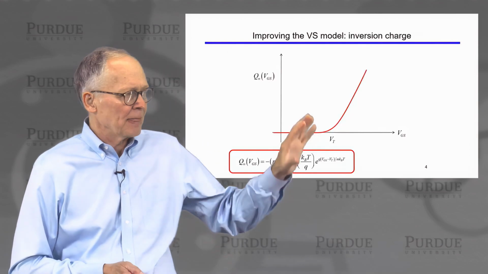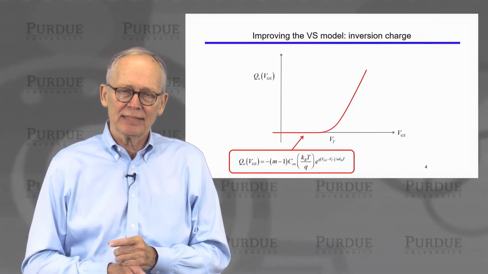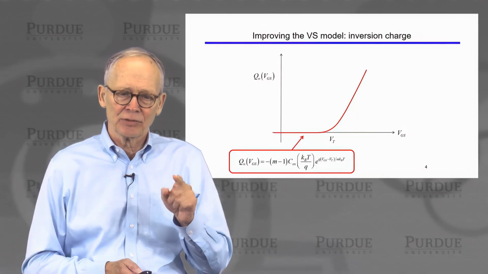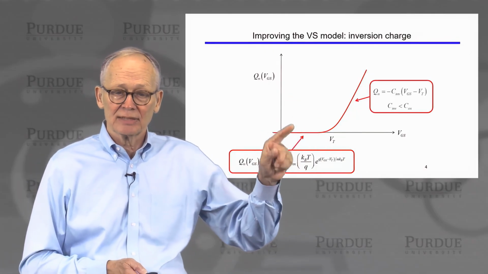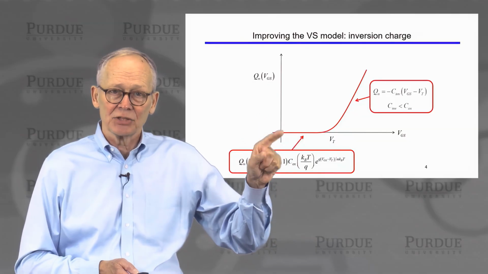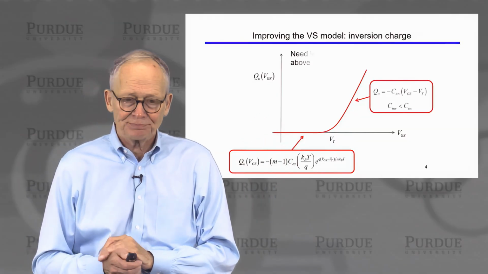So you'll recall that below threshold, the mobile charge goes exponentially as e to the q (Vg minus Vt) over mkT. Above threshold, the charge goes as minus C inversion, which is a little bit less than Cox, times (Vg minus Vt).